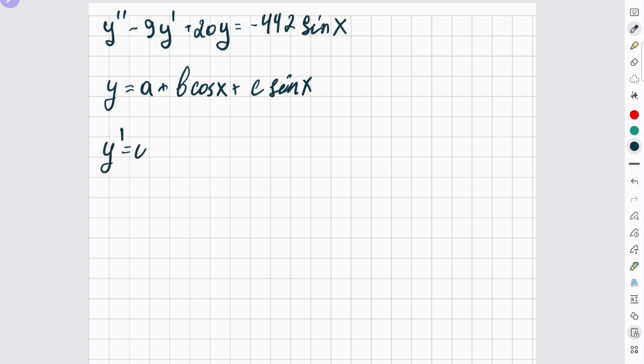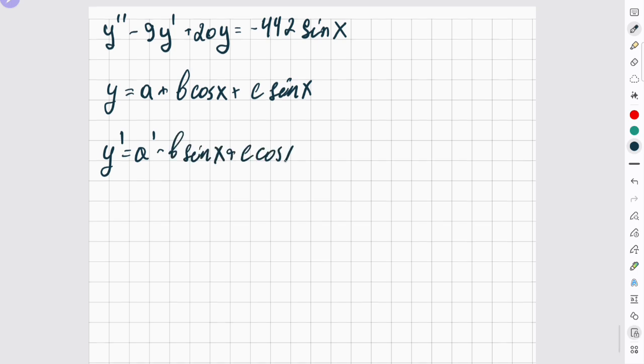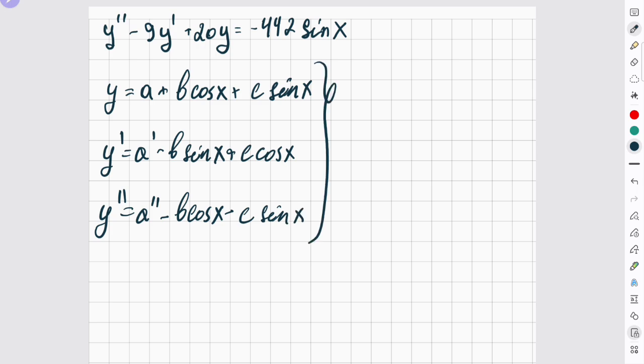Y prime is equal to a prime minus b sine x plus c cosine x, and y double prime is equal to a double prime minus b cosine x minus c sine x. Now let's use these three formulas.